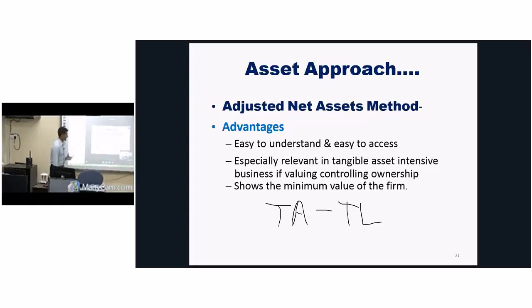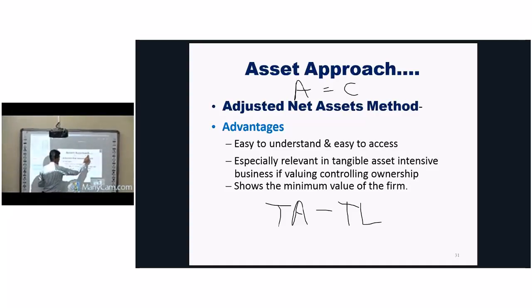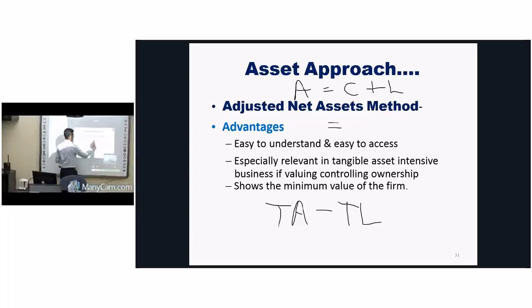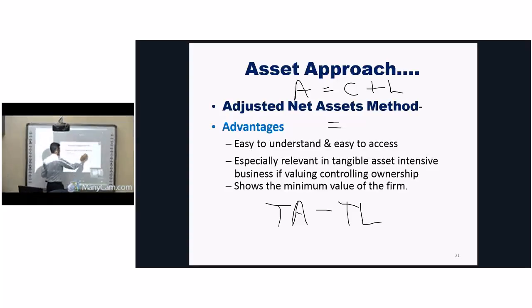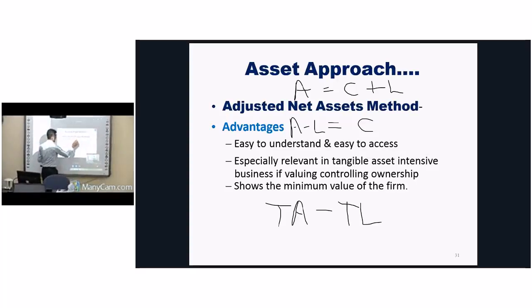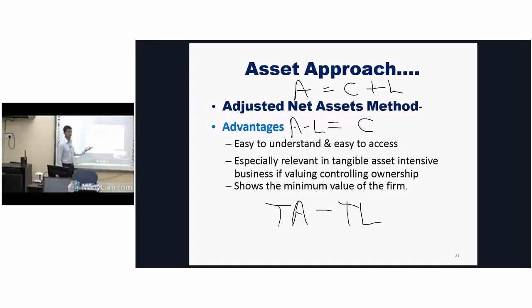If you take an example, we know the accounting equation: total assets equal capital plus liability, right? So in other words, capital means total assets minus total liabilities, right? Therefore, the C is the net asset value we are calculating, the capital value of the business.